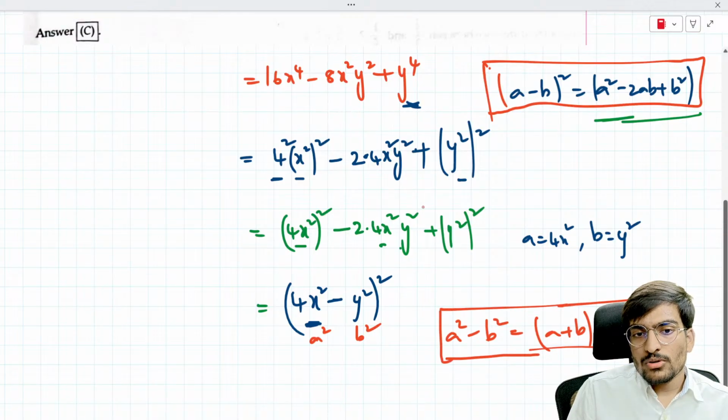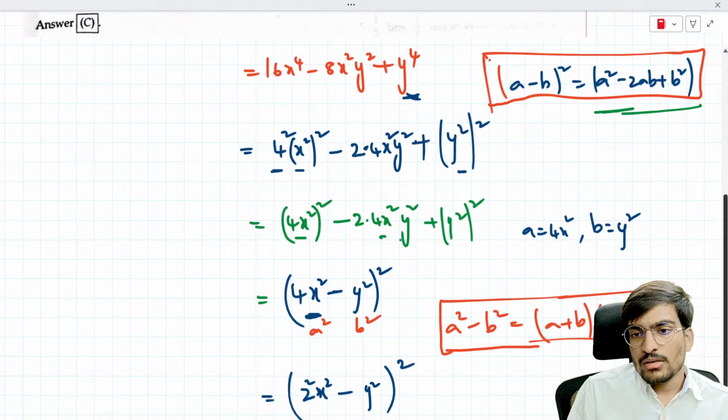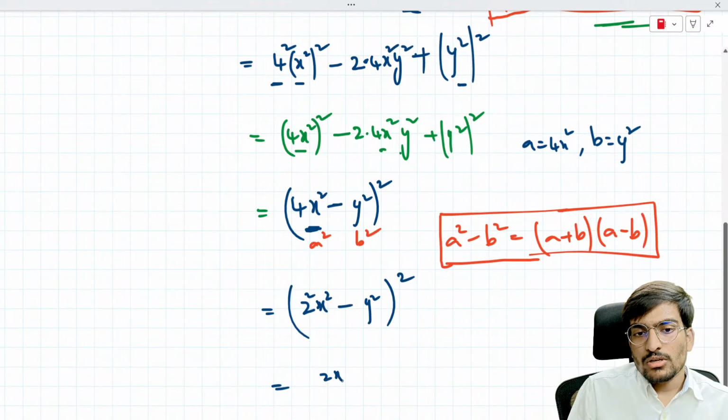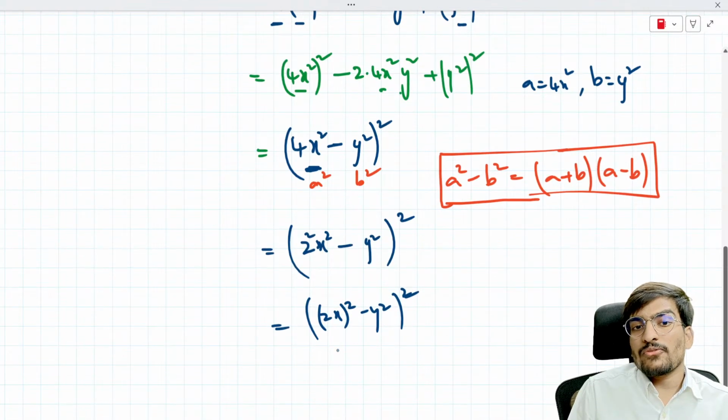Let me turn that into a square first: 2 square and x square minus y square, whole square. That equals (2x) whole square minus y square, whole square. Now it is perfectly a square minus b square.